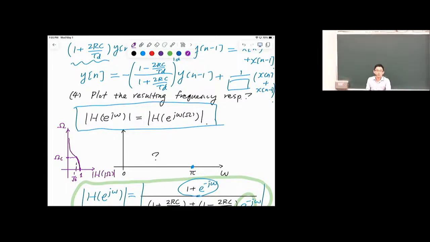After bilinear transformation, since every frequency big omega is mapped to a small omega, your frequency response, the magnitude response, you just find the one-to-one correspondence between big omega and see how it maps to small omega.